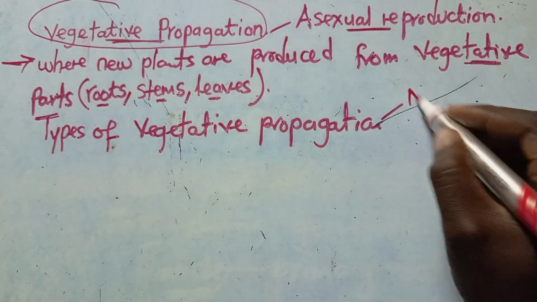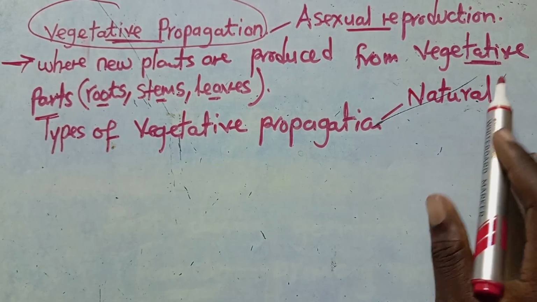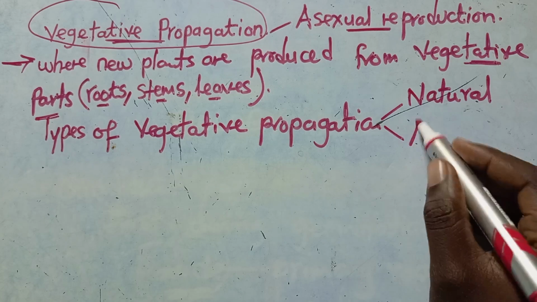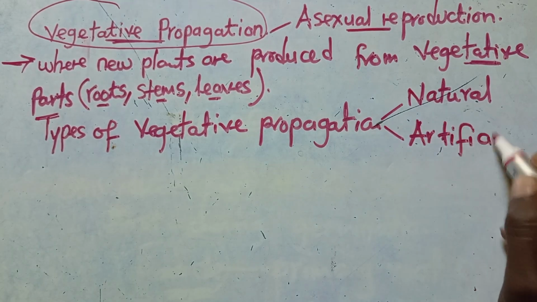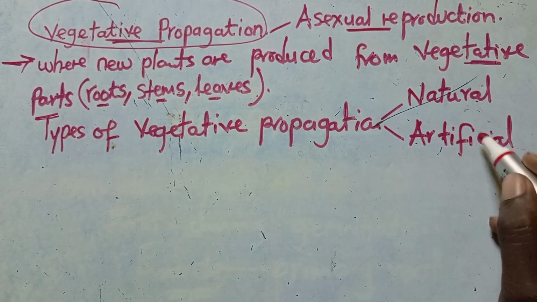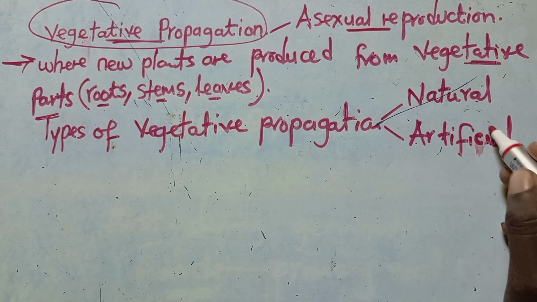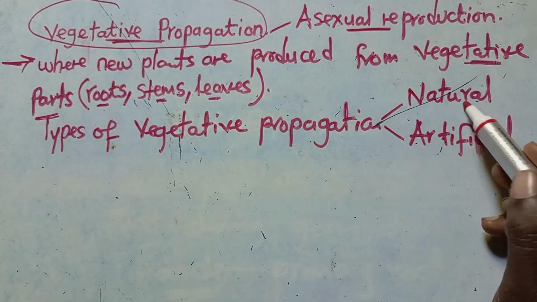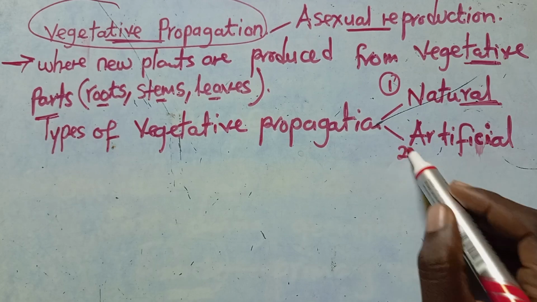There is natural vegetative propagation. There is also artificial vegetative propagation. These are the two types that we are going to cover in detail.